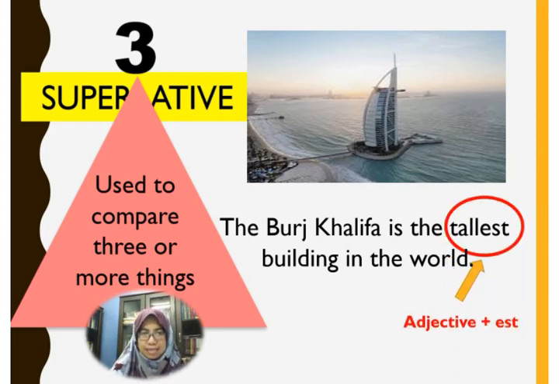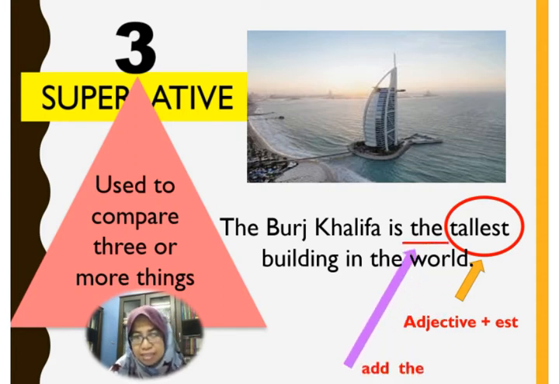Paling tinggi. That is superlative. Paling tinggi in Malay. Tallest. So what can you see from that? The word tall plus -est. You have to add -est. And if you realize, we also start with the. Ada the.